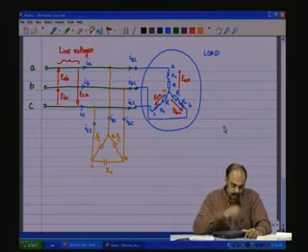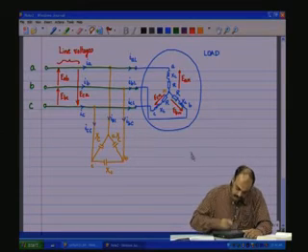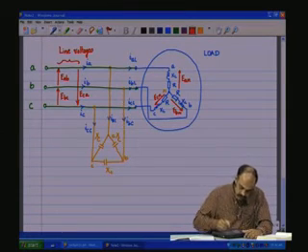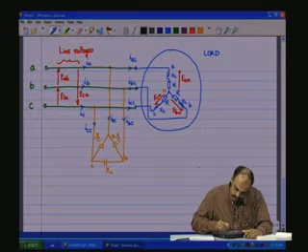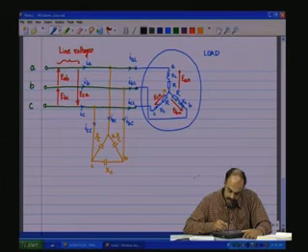Now, the line voltages. So, let me draw the line voltages with black color. So, EA, EB, EC can be shown in this fashion.